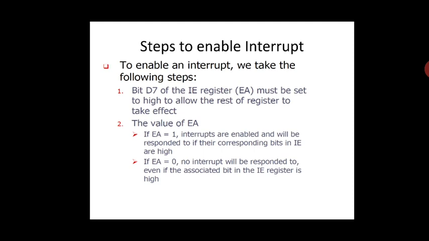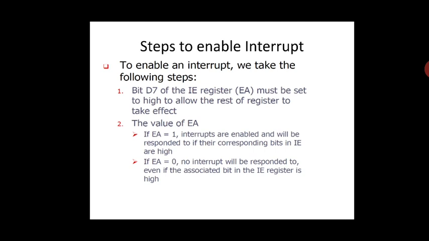If EA is equal to 0, no interrupt will be responded to. If it is 1, it is ready to accept the interrupt. If it is 0, it is not ready to accept any interrupt.